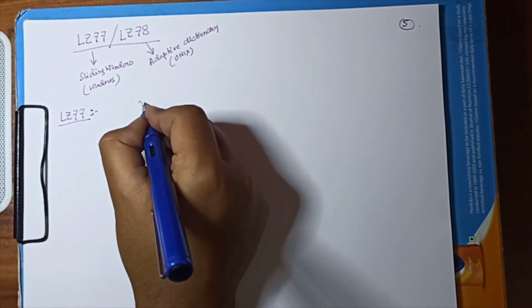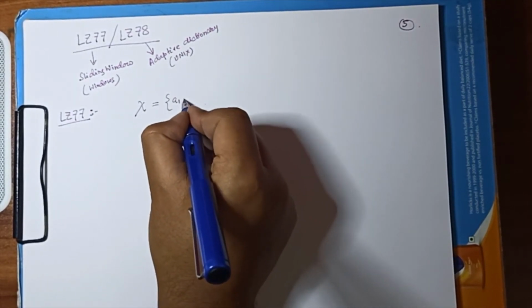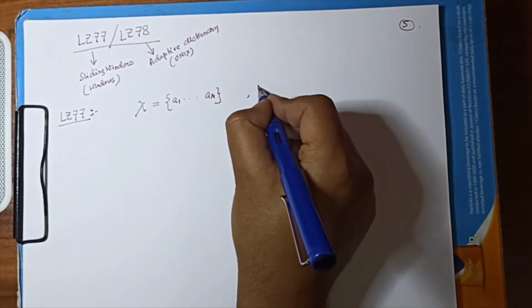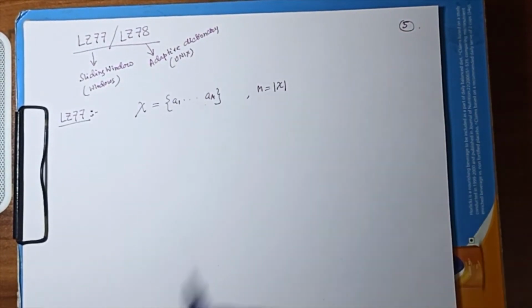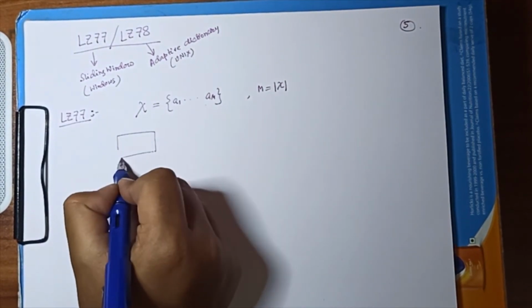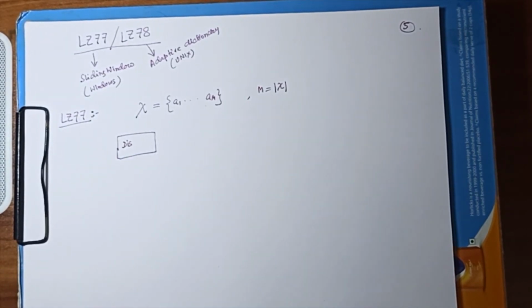So let us take the alphabet to be this, having the symbols, and the cardinality is M. So your discrete source means a source followed by sampling and quantization.